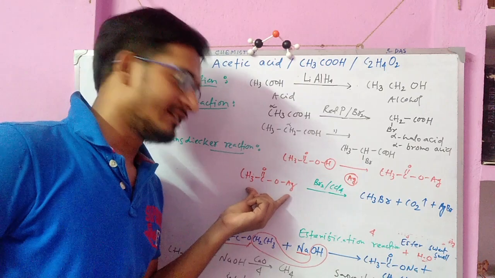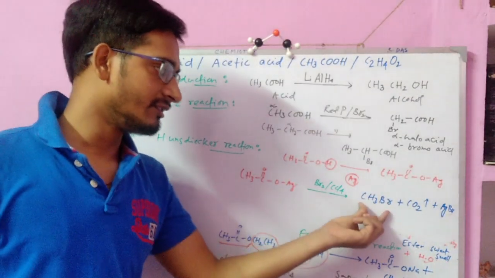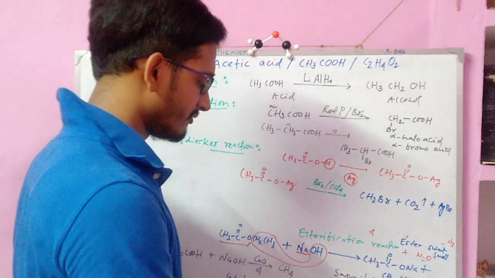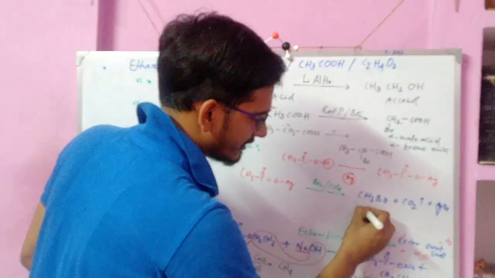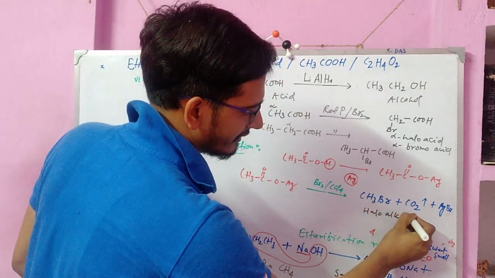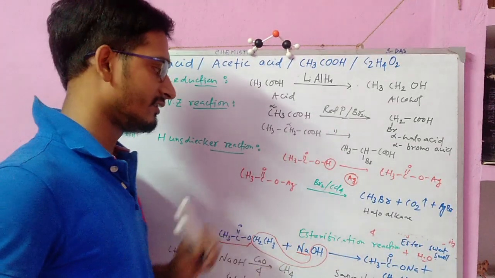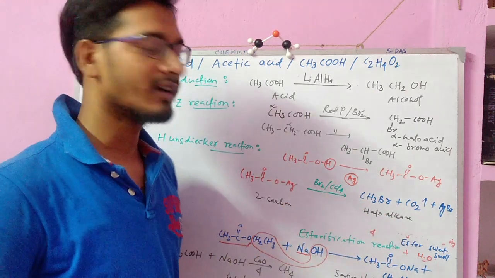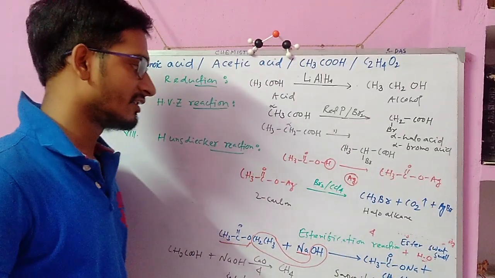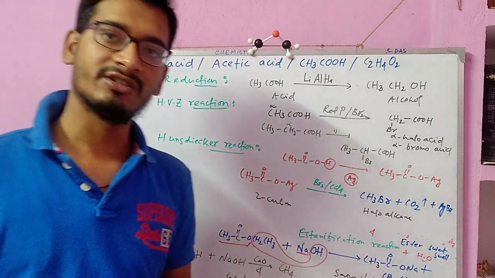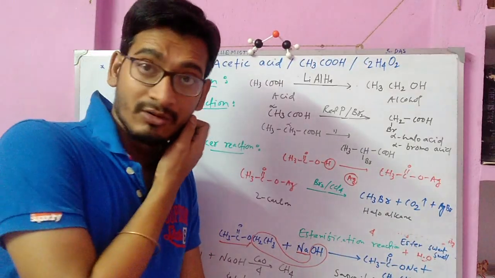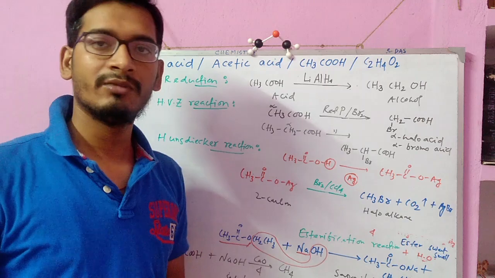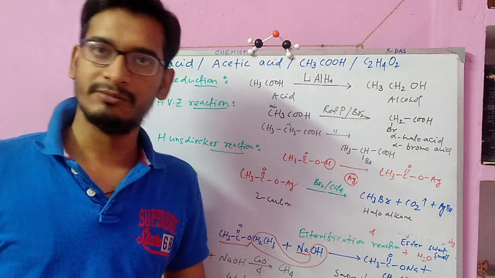In the reactant there are 2 carbon atoms, but in the main product, that is haloalkane, the halogen derivative of alkane is formed. Here 2 carbon atoms, but in the product there is 1 carbon atom. This is called Hunsdiecker reaction. When silver salt of carboxylic acid is treated with bromine in presence of carbon tetrachloride medium, then haloalkane derivative is formed, that is methyl bromide, and carbon dioxide gas is released, and AgBr is also formed.